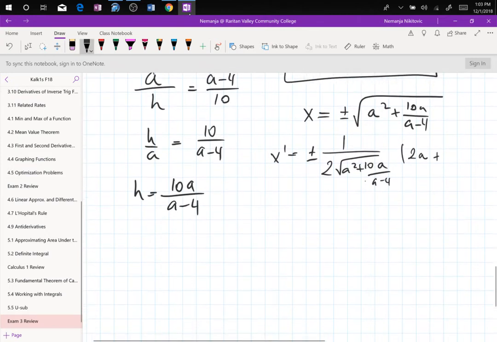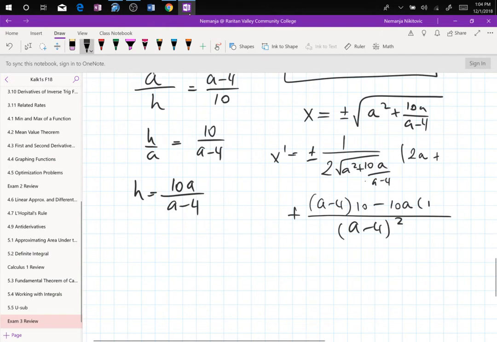It's not gonna fit here. The derivative of this is A minus 4 squared, A minus 4 times 10 minus 10A times 1.